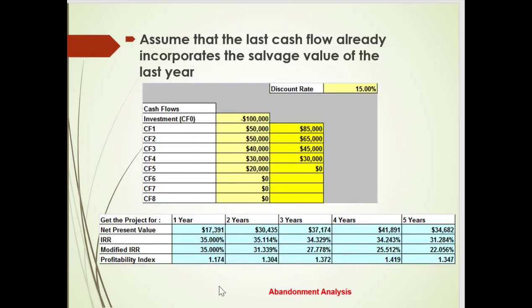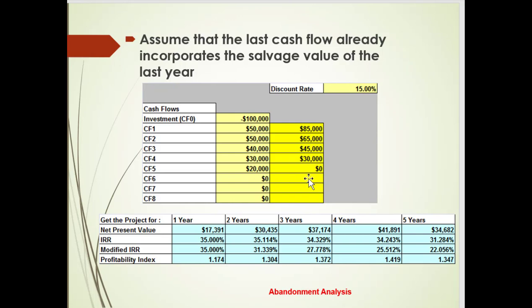So here we have an example where we have a project. Here's the cash flows. And now we have actually estimated the salvage value for each year of the project's life. Now, the one assumption we have here is this last year, whatever the last year is, we're assuming that this last $20,000 already incorporates the salvage value for the last year of the project's life.